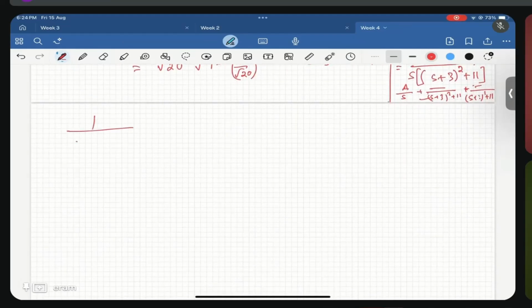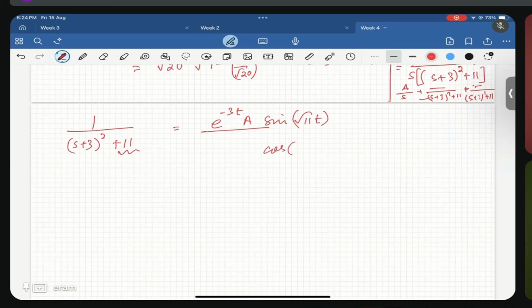So we had terms like (s plus 3) square plus 11, and there were other terms also. So these will contribute to cos and sine terms, right? Here also, if you do the inverse Laplace, you will get e to the minus 3t, and if there is some constant, then you have sine under root 11 t or cos under root 11 t, because omega here is under root 11.